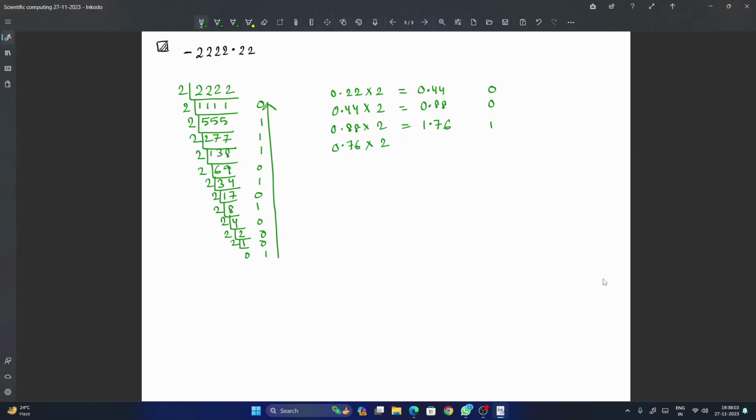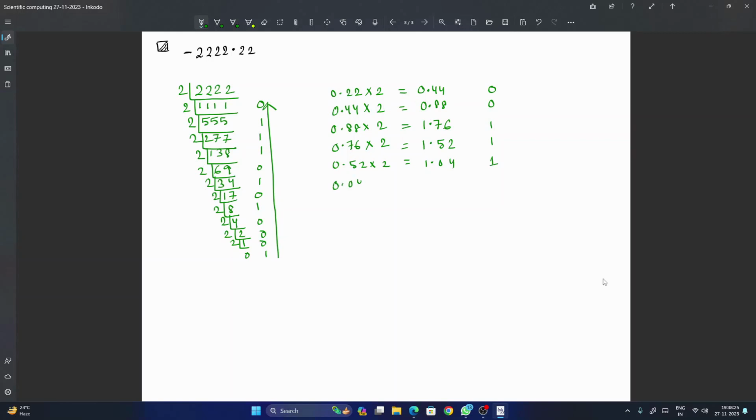Then 0.76 into 2, you will get 1.52, that means 1. Then 0.52 into 2, you will get 1.04, that means 1.